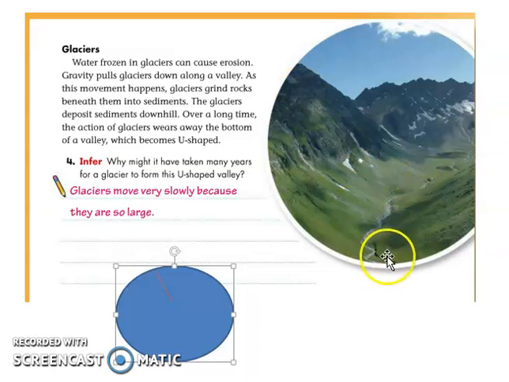And when the water started to flow here, it could start to change the shape of the land. Glaciers move very slowly because they are so large. At the same time, it takes hot temperature to melt them. Glaciers, you can find them in the cold regions, like the Arctic region. Let's proceed.